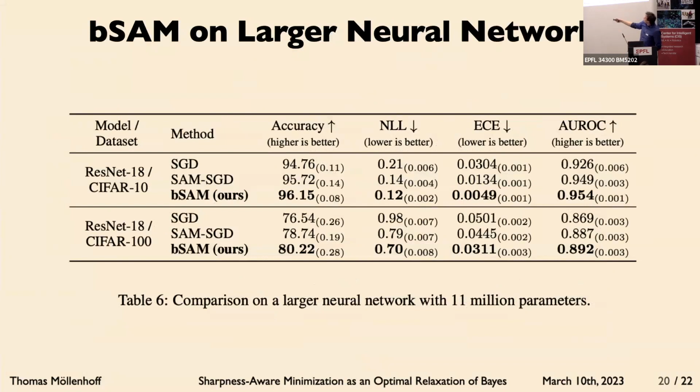We also got consistent improvements over SAM. But we can also see that the original Sharpness-Aware SAM method gives improved uncertainty over SGD. And we kind of offer an explanation for this because we see this method also as a Bayesian method in some sense. So it was not surprising to us that the SAM method also improves these quantities, not only the test accuracy.